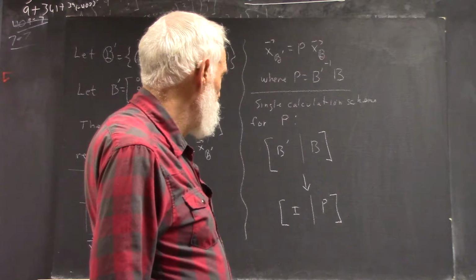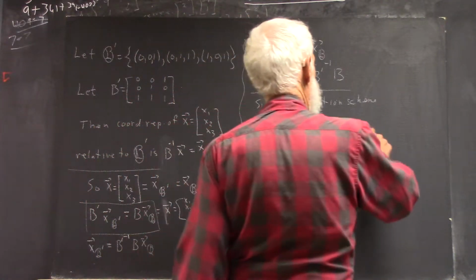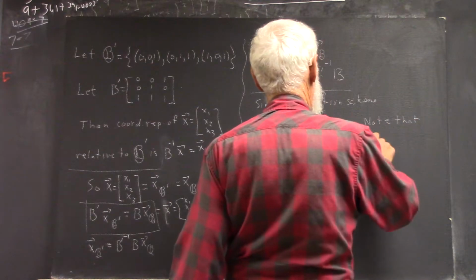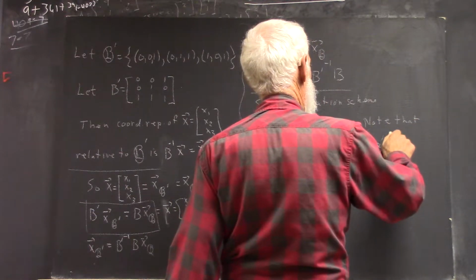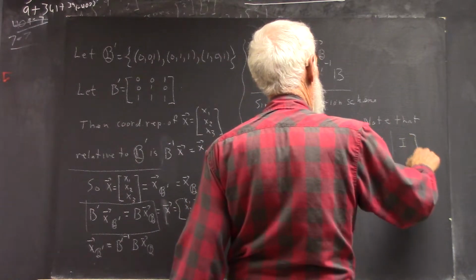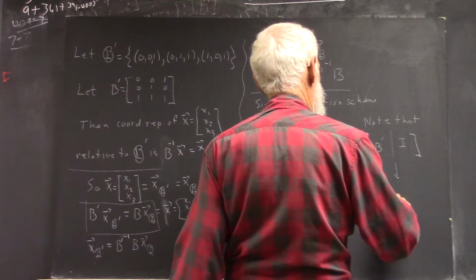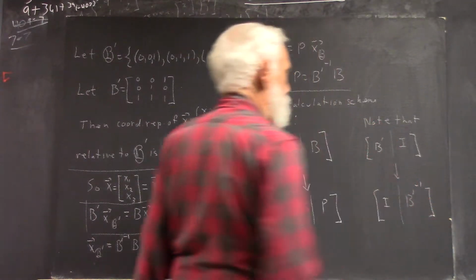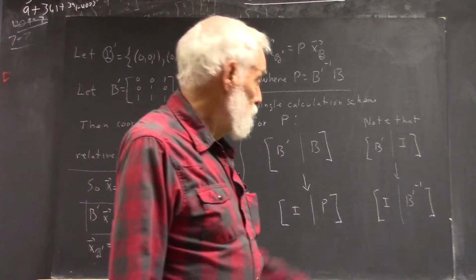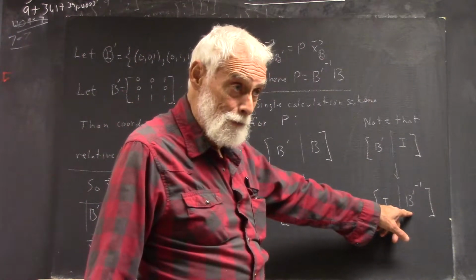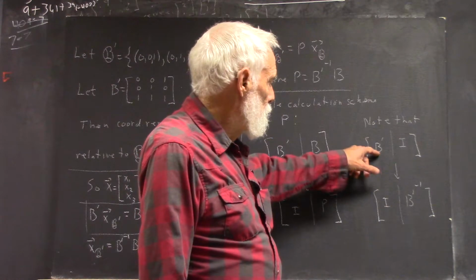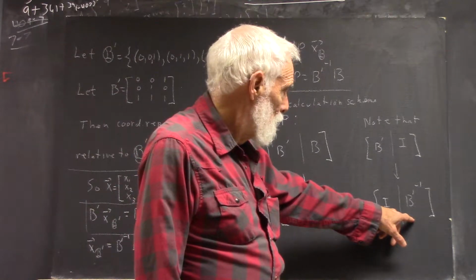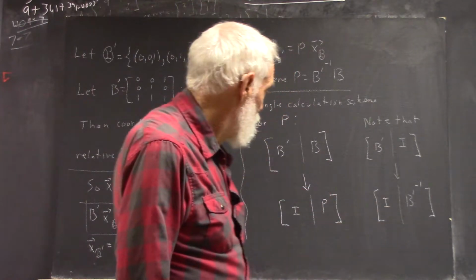Easy to understand why, because obviously this is how you get the inverse of the matrix. So if you reduce B prime to I, it'll take I to B prime inverse. I'll let you ponder a little while, but it's pretty clear why.